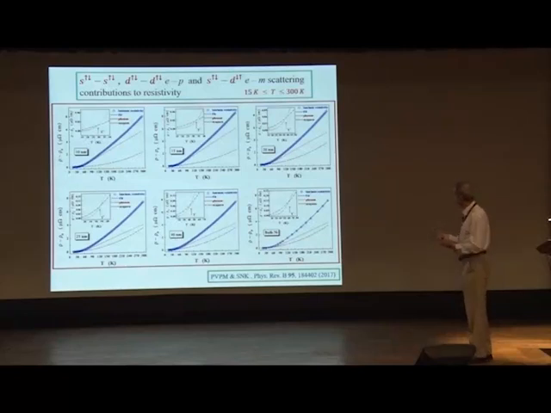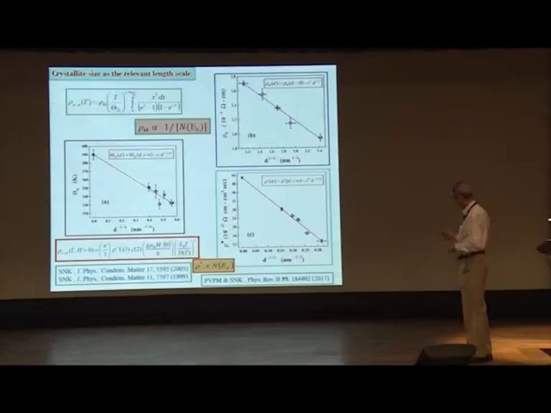And one can even understand why that should be so, as shown here. For example, the electron-phonon coupling is inversely proportional to the density of states at the Fermi level, whereas the electron-magnon coupling goes directly as the density of states.